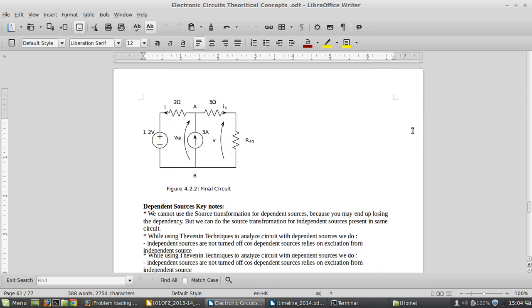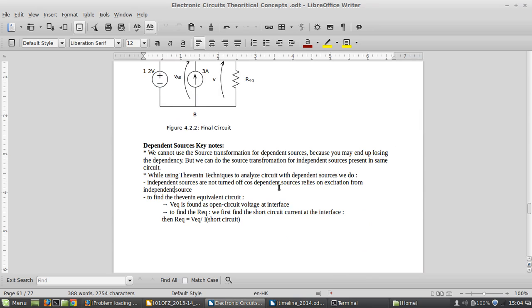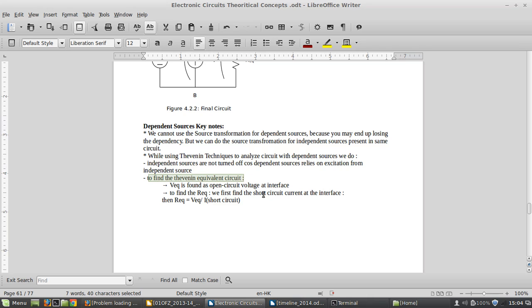If a source is supplying Ix to the dependent source, then that particular source cannot be turned off. But other extra independent sources can be turned off, except those which are related with the dependent sources.